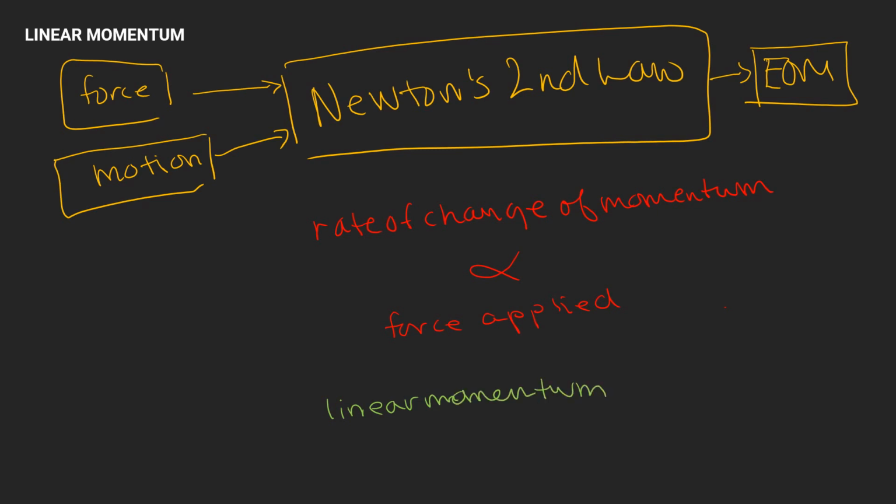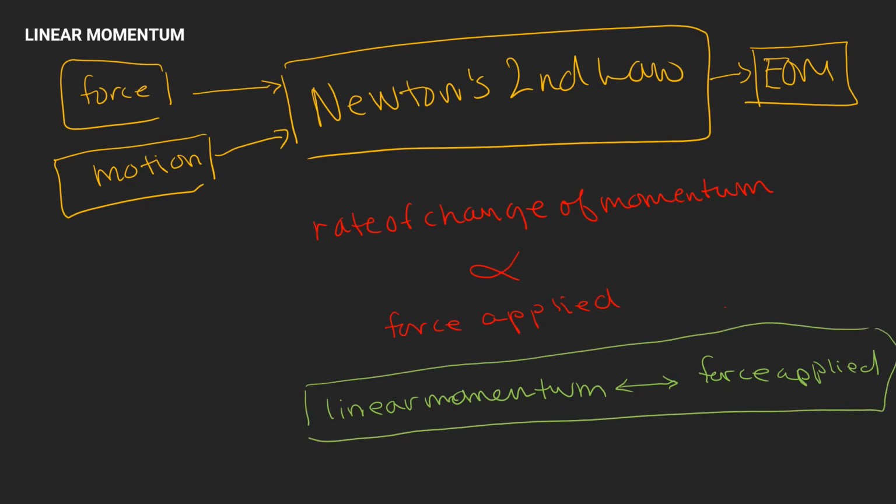And very shortly, I'll show how that relates to force applied. And so we'll write out this equation here, and we're going to then use that equation and that relationship to just go ahead and start calculating those equations of motion.